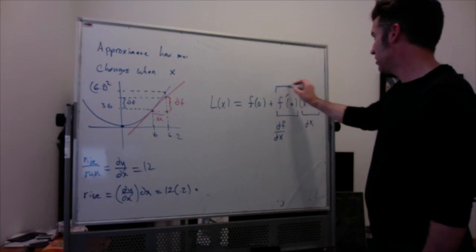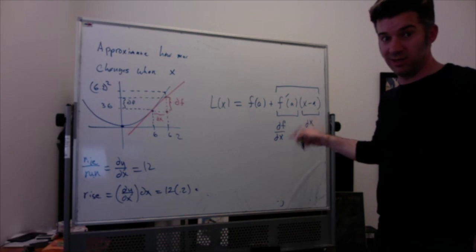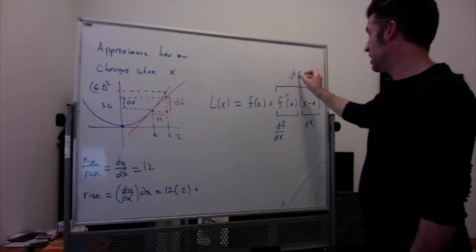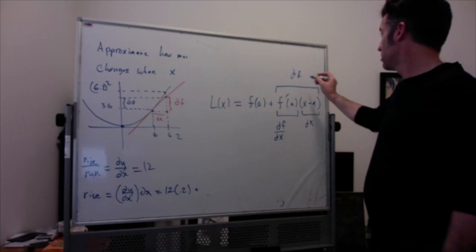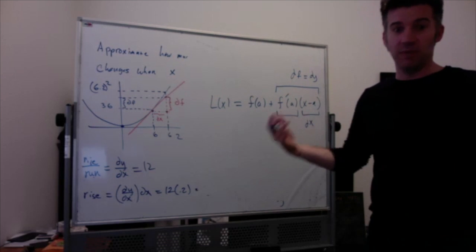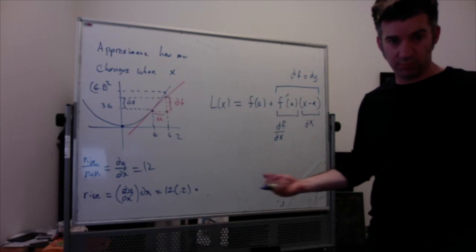And then the product of these, well, the dx's cancel, and this is df or dy, the approximate change in the function value or the y value.